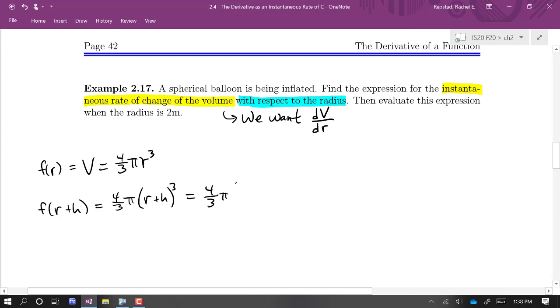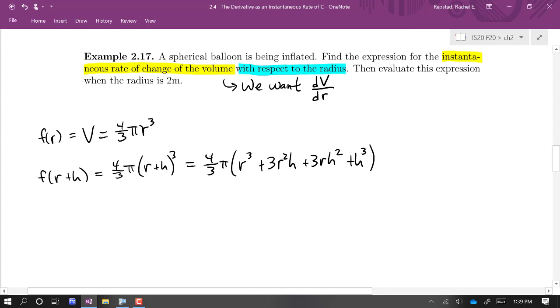And you will get r cubed plus 3r squared h plus 3r h squared plus h cubed. Now, a lot of the time, once I get to this point, I distribute that factor, in this case 4/3 pi. I'm not actually going to distribute it, because I think it'll be less writing overall to leave it factored out. And we'll be able to see everything cancel that needs to cancel in just a moment. So there's our f of r plus h.